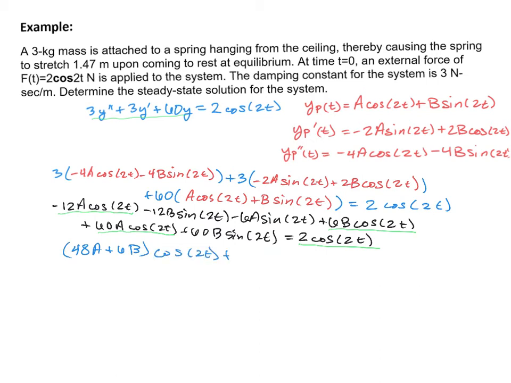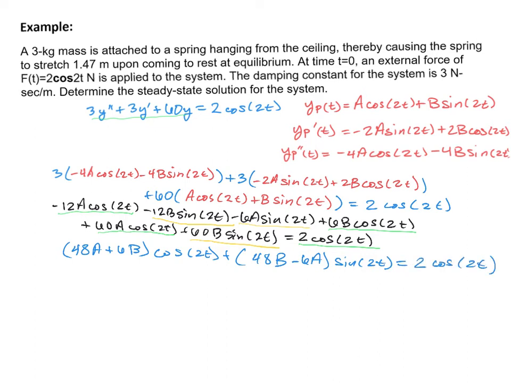We can now look at the sines. We've got negative 12b and 60b, so that's once again making a 48, but this time it's a positive 48b, and then we've got the extra term, which is minus 6a, times the sine of 2t, and again this still equals 2 cosine of 2t.